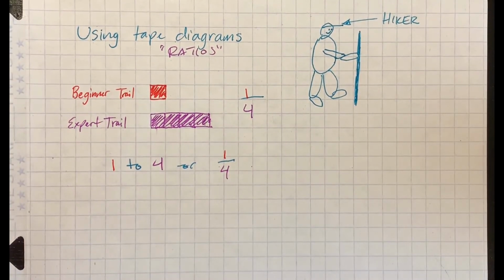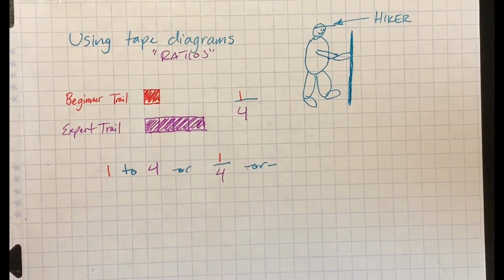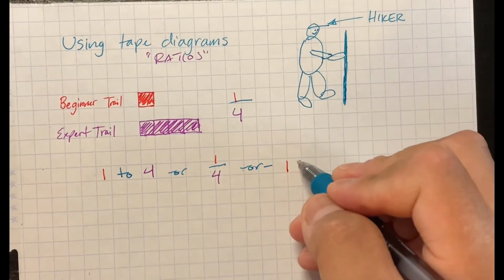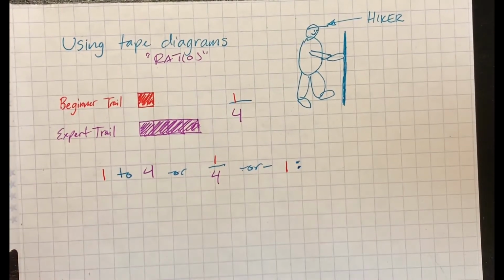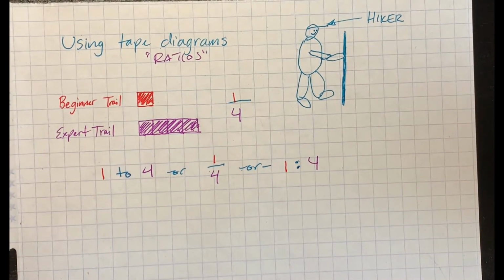Or you can say the beginner trail to the expert trail. Now there's 3 different ways you can write this ratio. So all we want to do for now is just help you guys understand and use tape diagrams, and just kind of have you take away the visual model from the tape diagrams. Let's go to the next one.